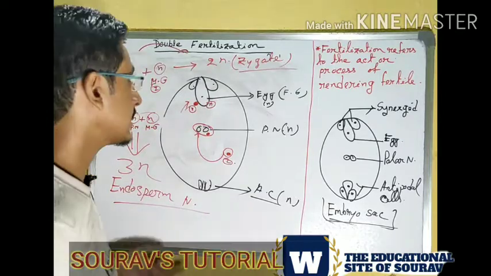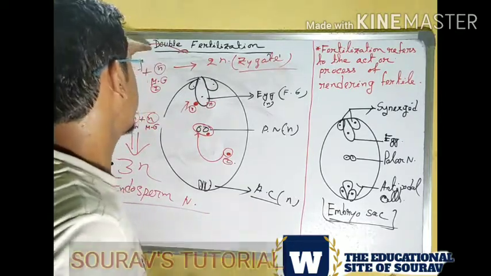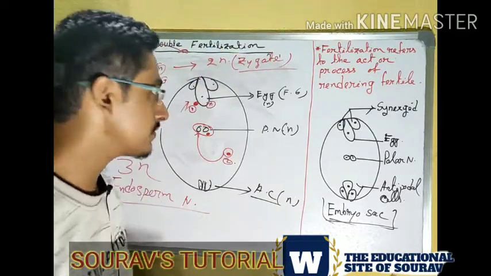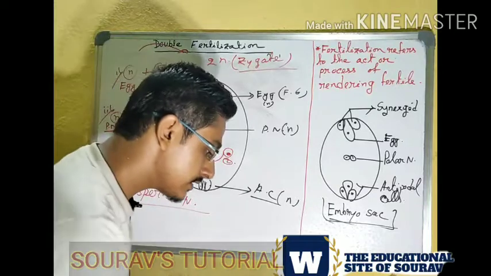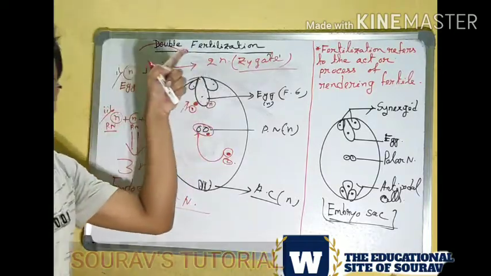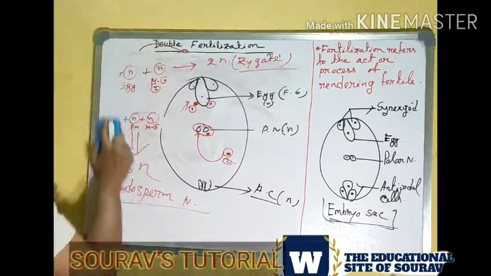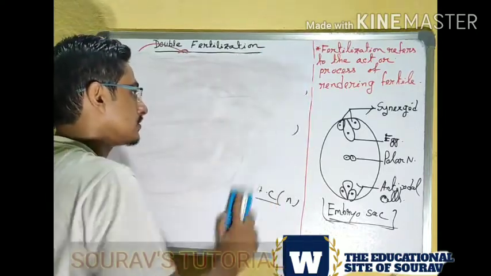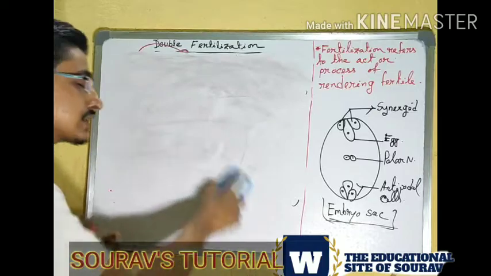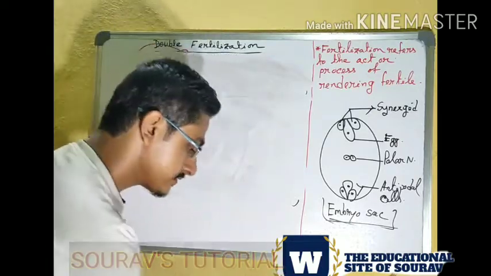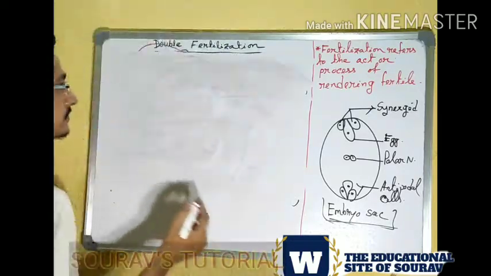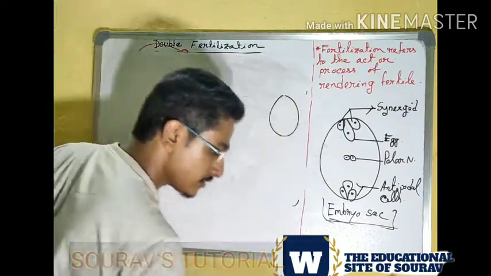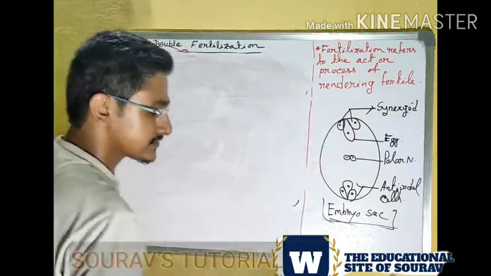Now the question is, why do we call it double fertilization? Now come to the main question. Now look, a total of 2 events have happened. What are they? Just remember this structure also.